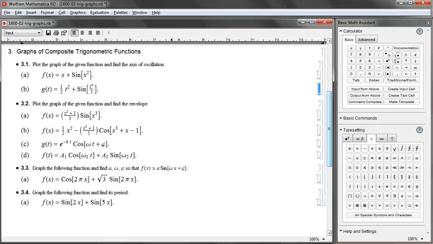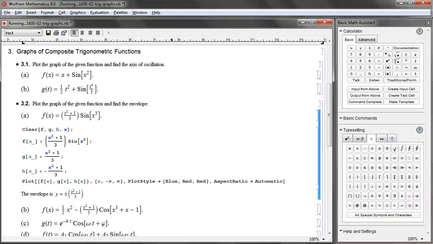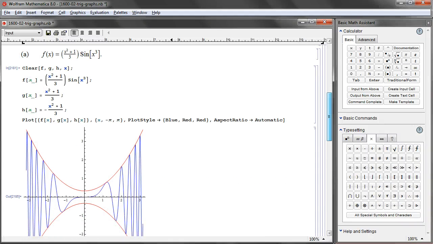So that's one aspect of composite trigonometric functions, the axis of oscillation. Another important aspect is the envelope. We have some function times a sinusoid, sine of something or cosine of something. We have oscillation between -1 and +1, but times that function. So plus of this one and minus of that highlighted part will become bounds of these functions, and here they are.